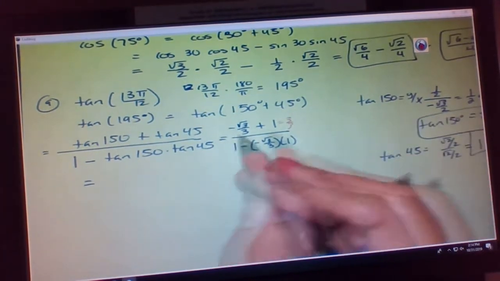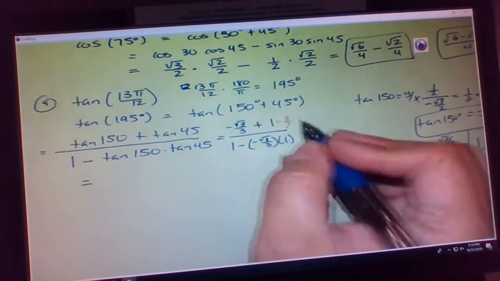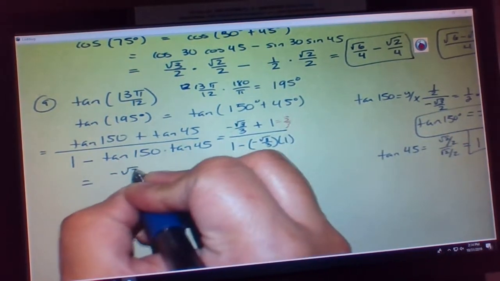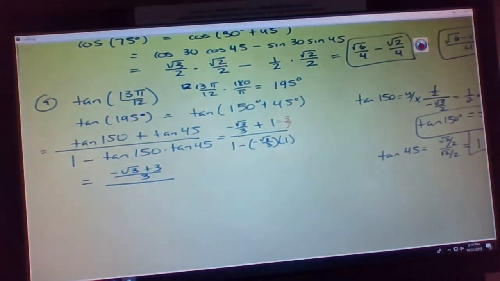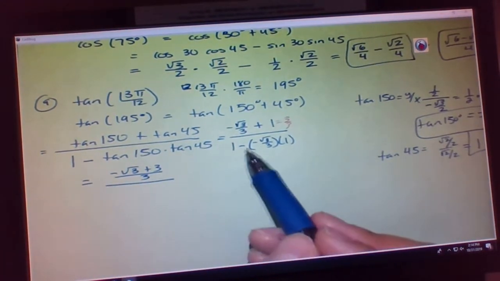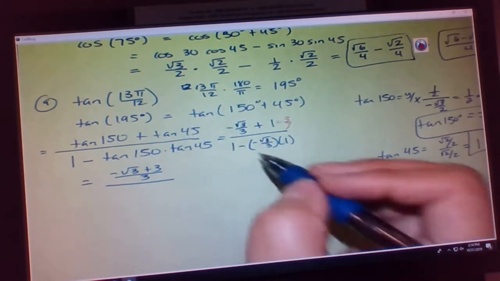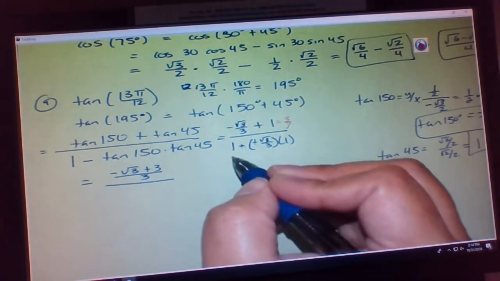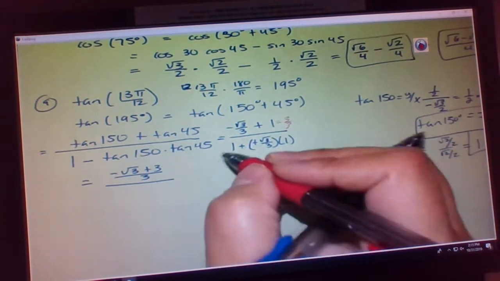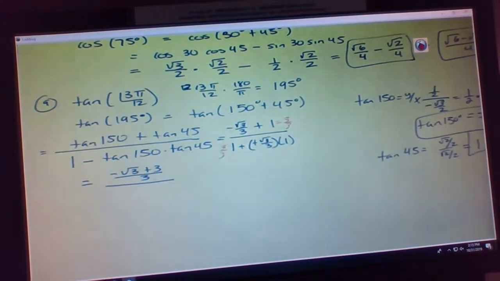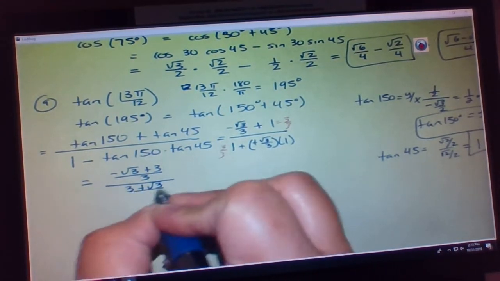Why am I putting 3 over 3? So I can have the same denominator. So this is going to become negative square root of 3 plus 3 over 3 over, what happens with this negative and negative? It becomes a positive. And what do I have to do with this 1 also? Make it a 3 over 3. So this here becomes 3 plus square root of 3 over 3.